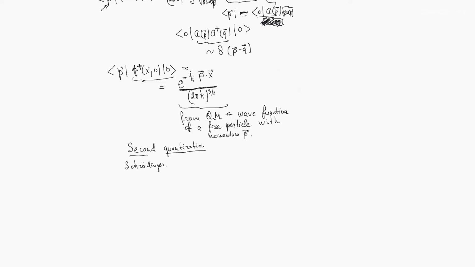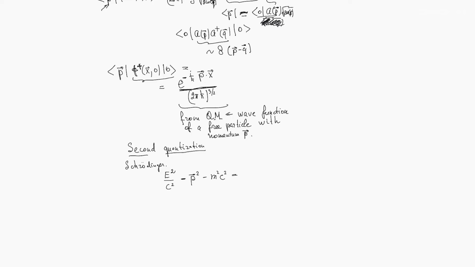We know that for a relativistic particle we have the standard relativistic dispersion relation, E squared divided by the square of the speed of light, minus p squared, minus m squared c squared, is equal to 0.